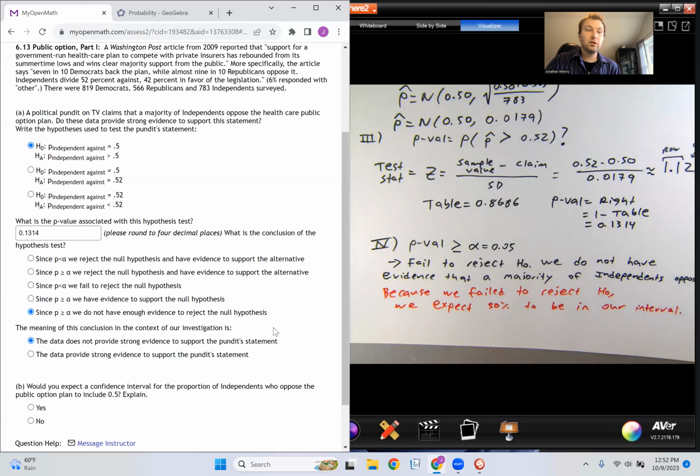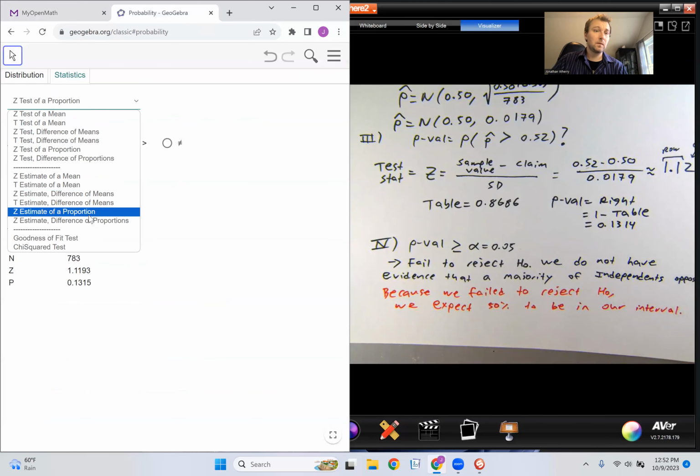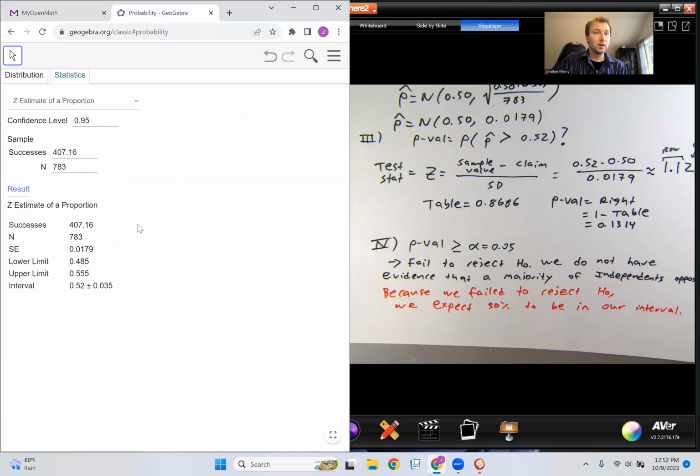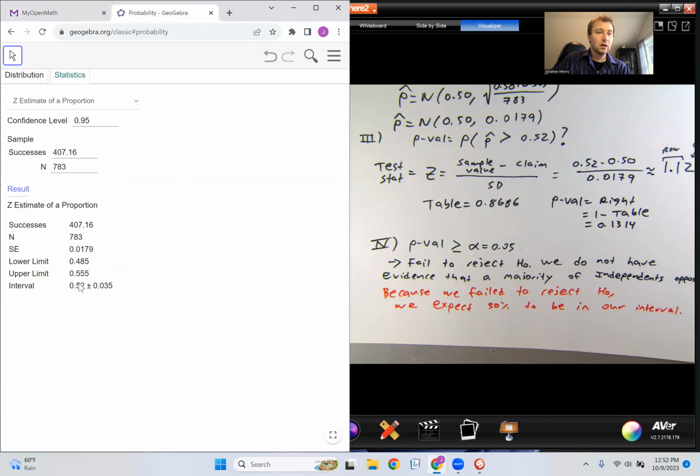And I'm going to use GeoGebra here and do that z estimate of proportion, that confidence interval, just to see. I'm looking at, say, a 90 or 95% confidence. It didn't give me the level, so 95 is fine. And it gives me a lower of 48.5 and an upper of 55.5.